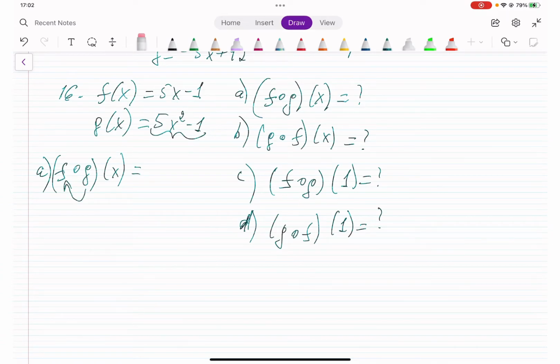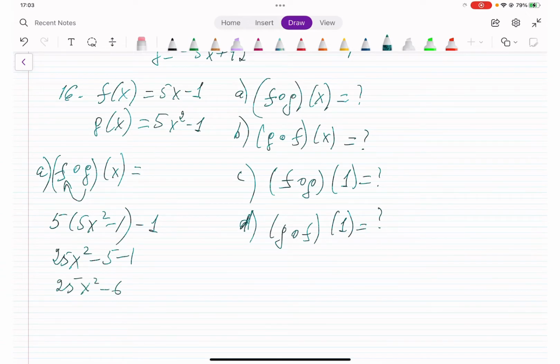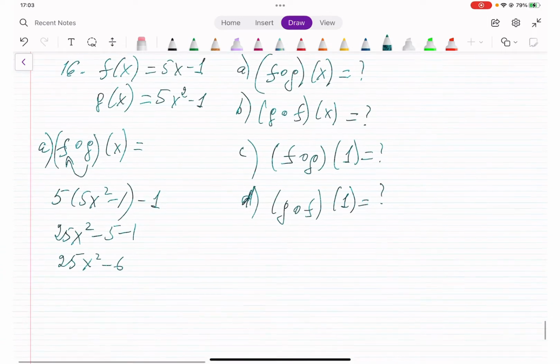Okay? That is going to be equal to 5 times, so instead of x, I'm plugging 5x squared minus 1, the value of g, and minus 1. So once I distribute, it's going to be 25x squared minus 5 minus 1, and we are getting 25x squared minus 6. Okay, this is A.